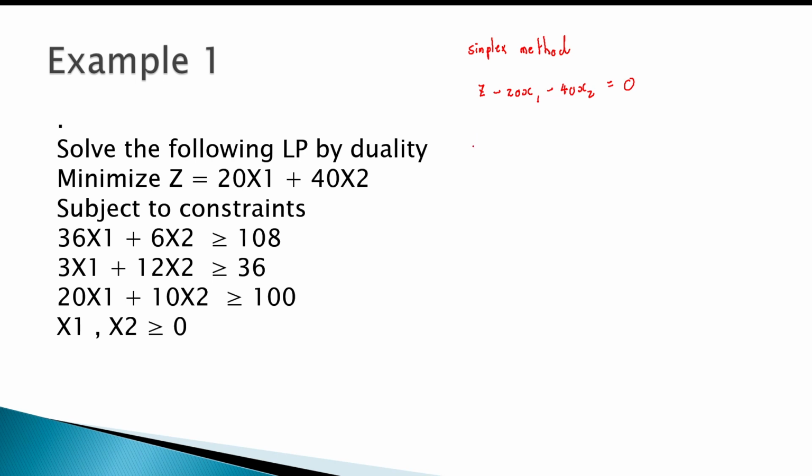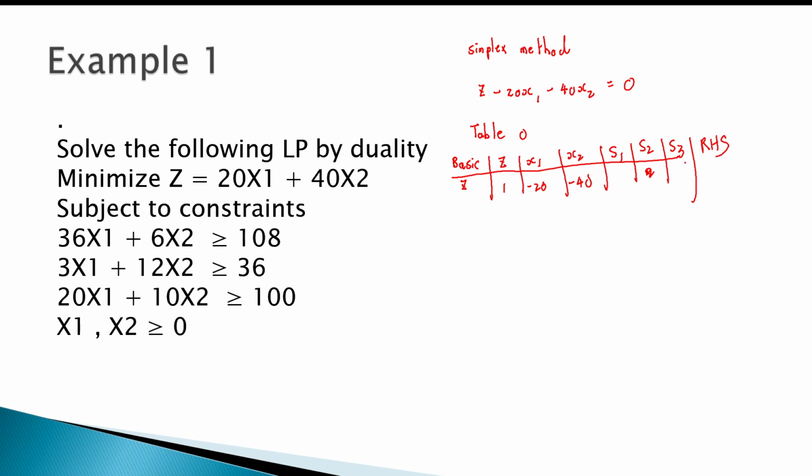In the initial table, I haven't added in the constraints. In the first row, the basic variable is z, and you have the z column with value 1, x1 with value negative 20, and x2 with negative 40. Then we have slack variables S1, S2, S3, and then the right hand side, then you have the ratio.